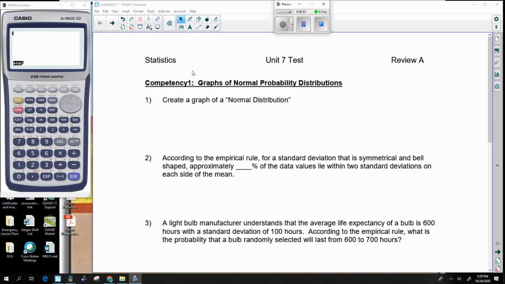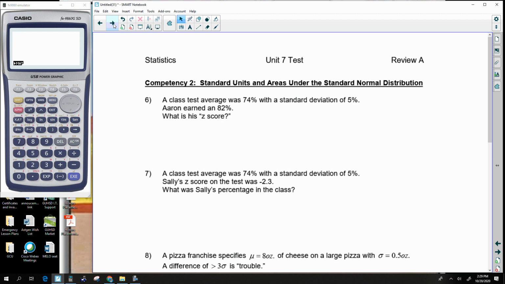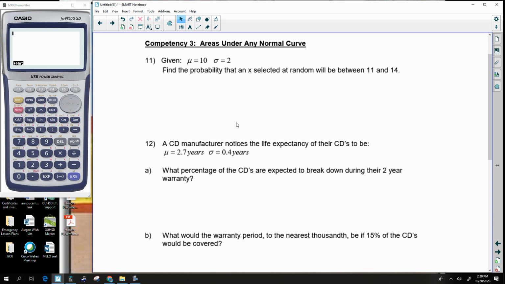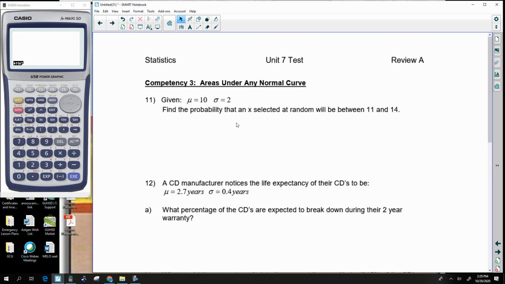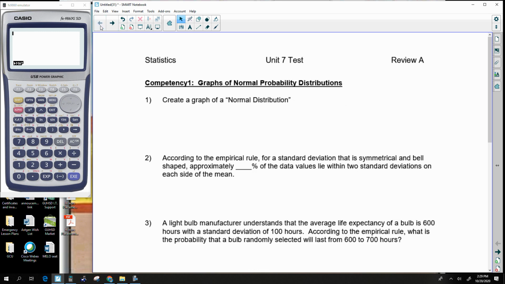With these 3 competencies, we have a competency on the empirical rule. We have, in essence, z-scores to x's and x's to z-scores with a little bit of area. And here we have pretty much understanding how to use the z-table. Mentioning the empirical rule, it will only be used on competency 1.